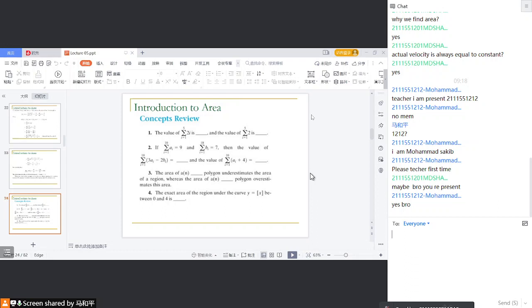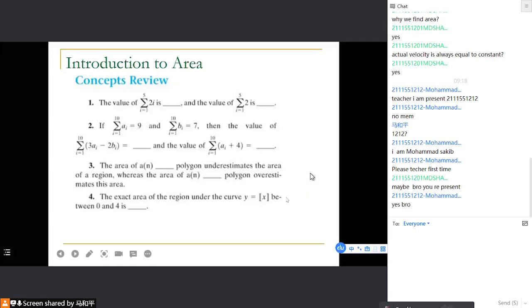let's do concept review. The first one, the value of, please tell me your answer. The value of the sum of 2i from 1 to 5. It's 4.